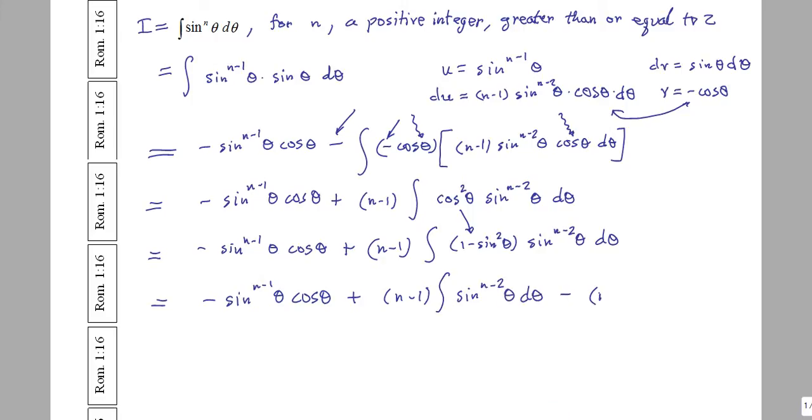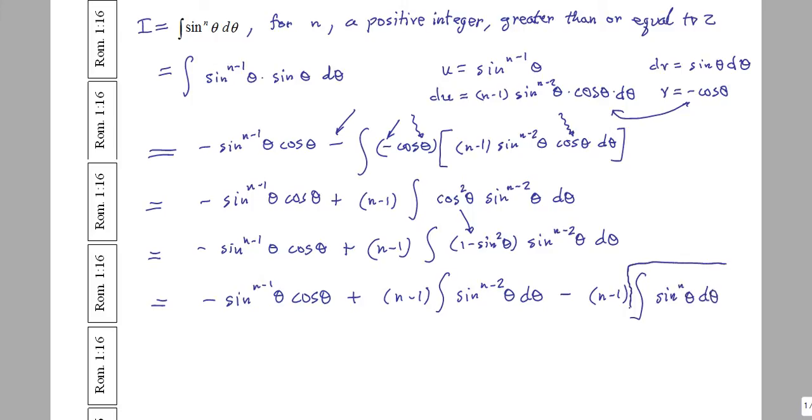minus the other part, n minus 1 integral of, now the sine squared theta times sine to the n minus 2 theta d theta just gives me the sine to the nth power theta d theta.